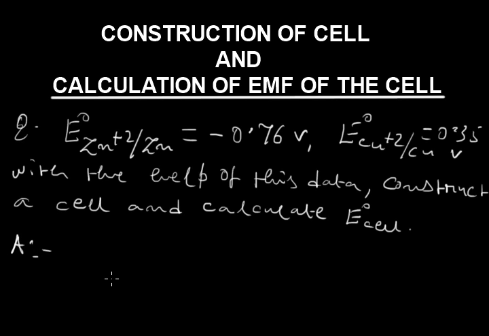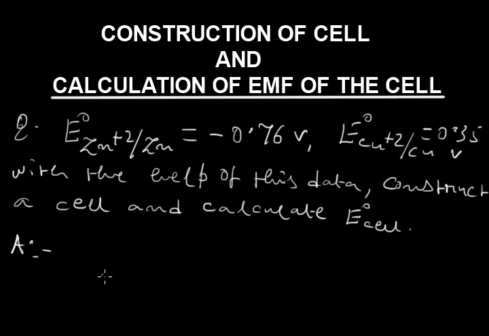Now to do this, we must know that at anode oxidation reaction takes place and at cathode reduction reaction takes place. We know that EMF of the cell, E cell, is equal to E cathode plus E anode.